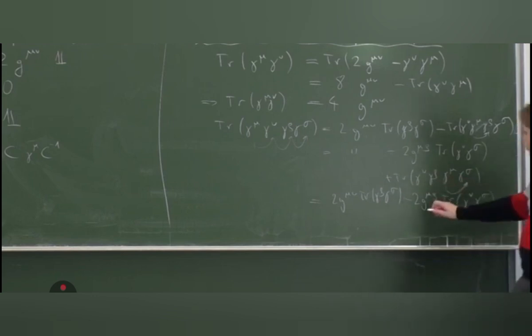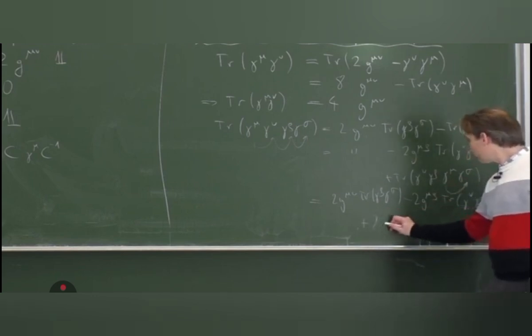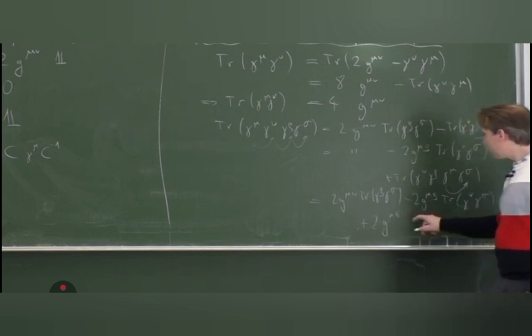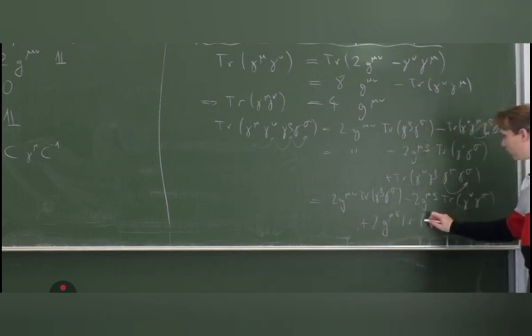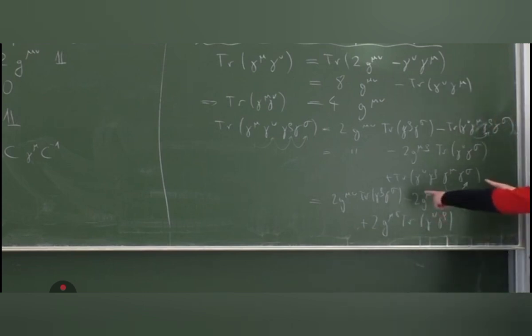Then from here we get plus 2 times the metric tensor G mu sigma times the remaining trace of gamma nu, gamma rho. And then we get minus the final trace, which is gamma nu, gamma rho, gamma sigma, gamma mu, where gamma mu is now at the last position.